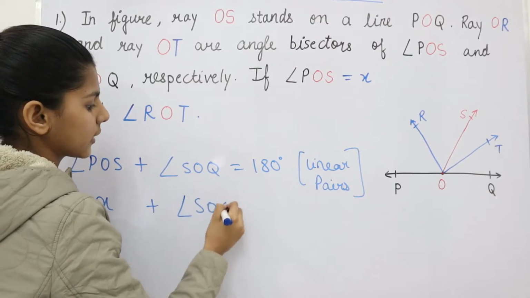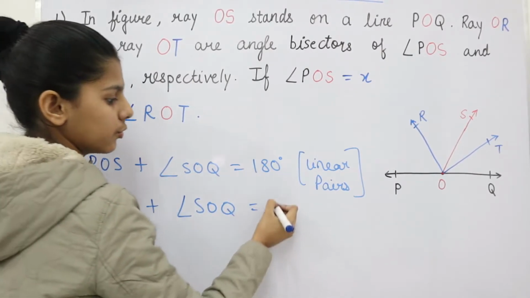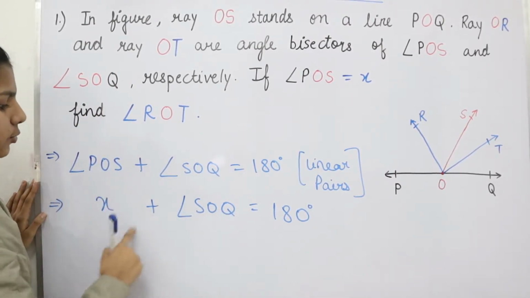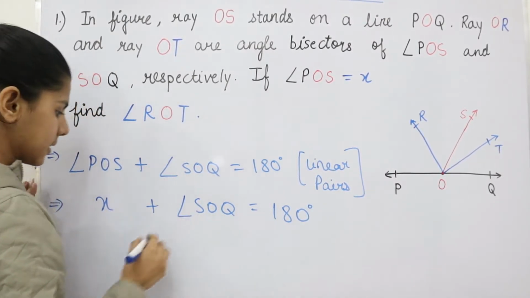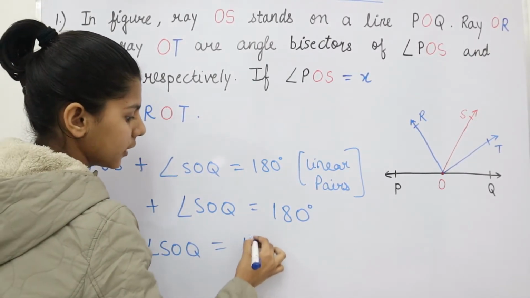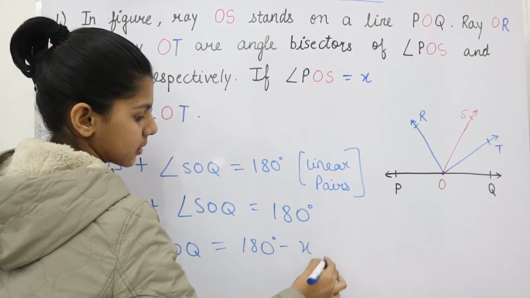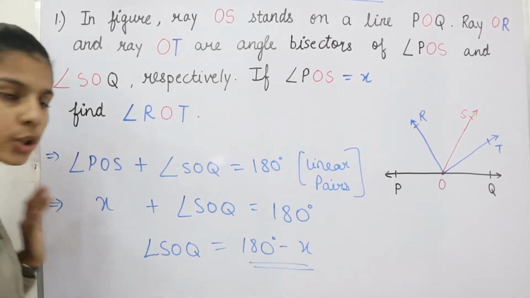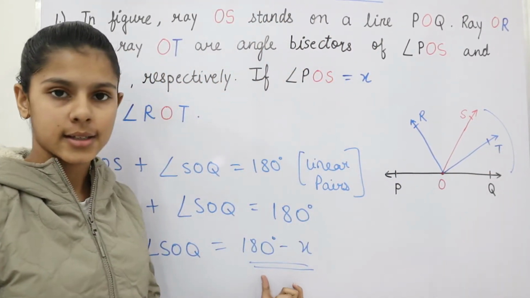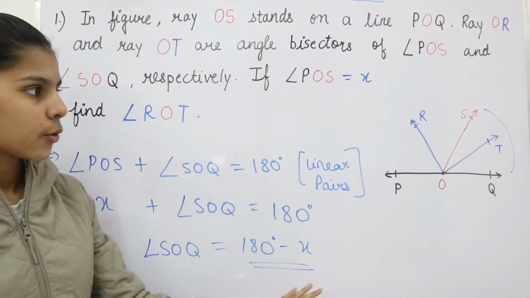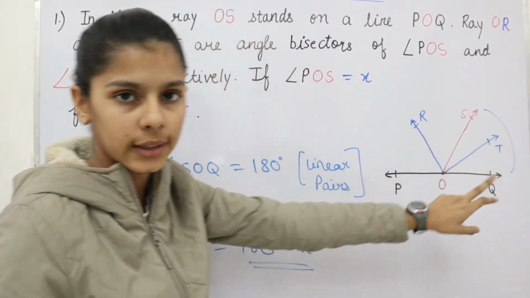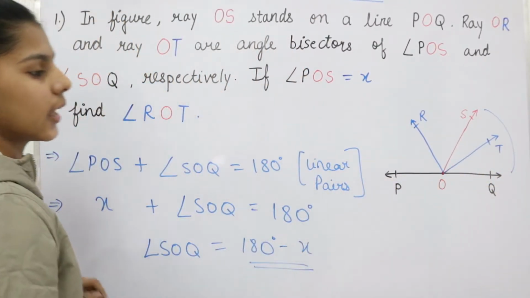So SOQ is equal to 180 degrees minus X, as X shifts to that side and becomes minus X. So angle SOQ is 180 degrees minus X, and this is the value of SOQ, this one angle. We are aware POS is equal to X, and we have calculated SOQ as 180 minus X. Now we will calculate the angle ROT.